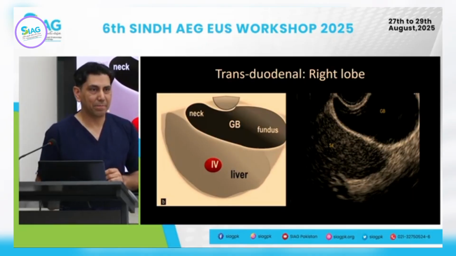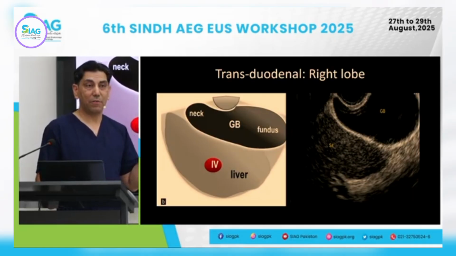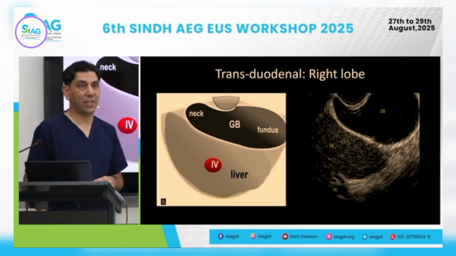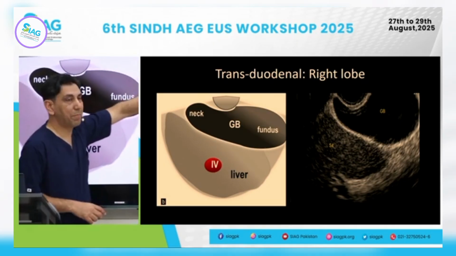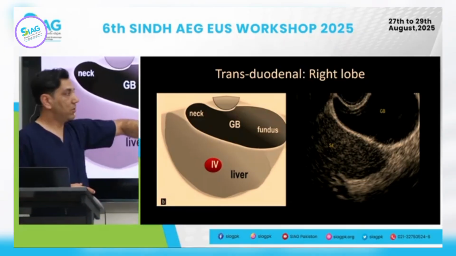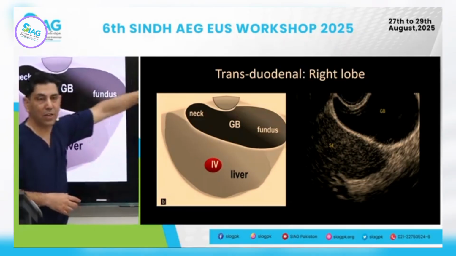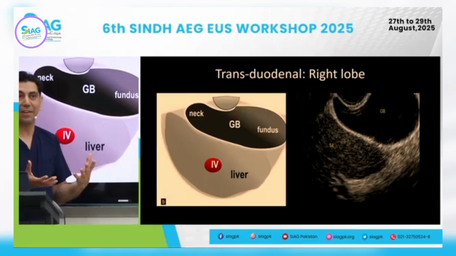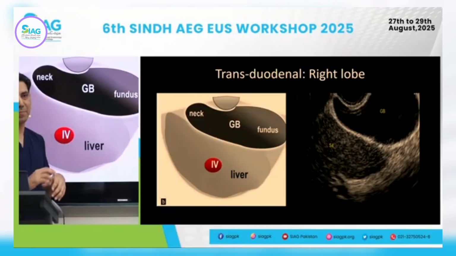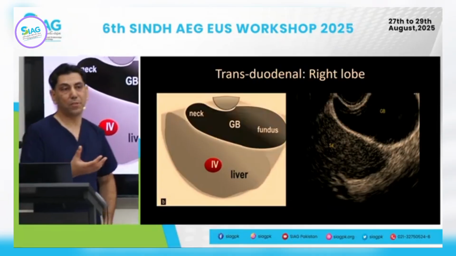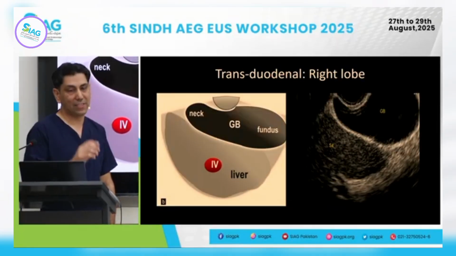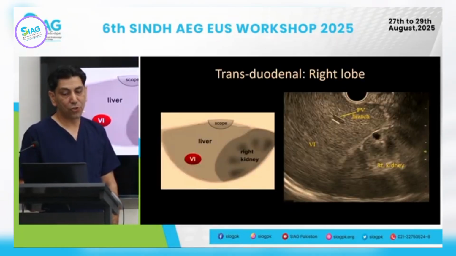You will also see it when you're doing your EUS examination: a clear differentiation in the parenchymal echogenicity, close to the liver, especially in those who have a fatty liver. You see that focal fatty sparing. It's not a lesion and can sometimes be misreported on cross-sectional imaging as a lesion when it's not.